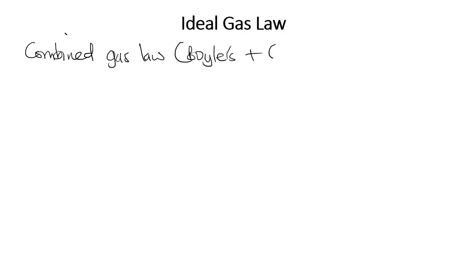So let's say we have a combined gas law here. We know that the combined gas law is given by Boyle and Charles' law. This one is PV over T is equal to K.